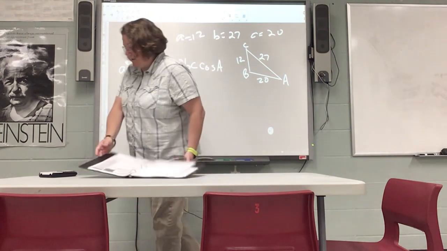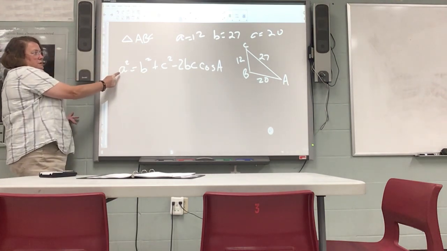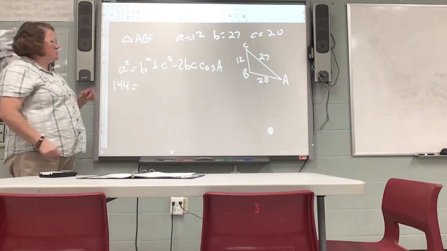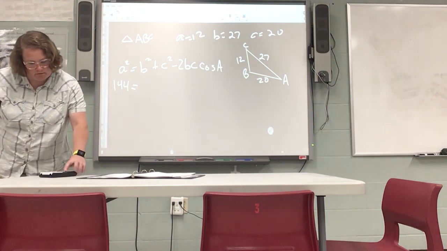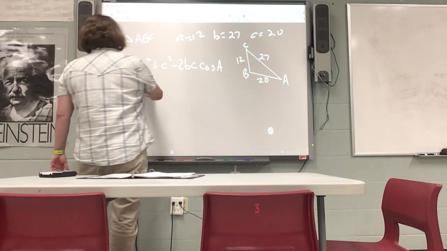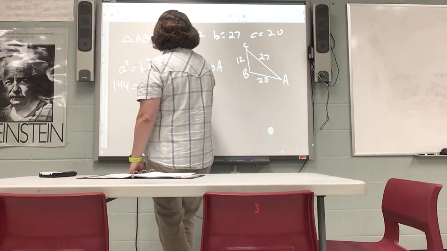Okay, so let's plug in our stuff now. A squared, 12 squared, 144. B squared, what's 27 squared? 729. Plus C squared, 400.